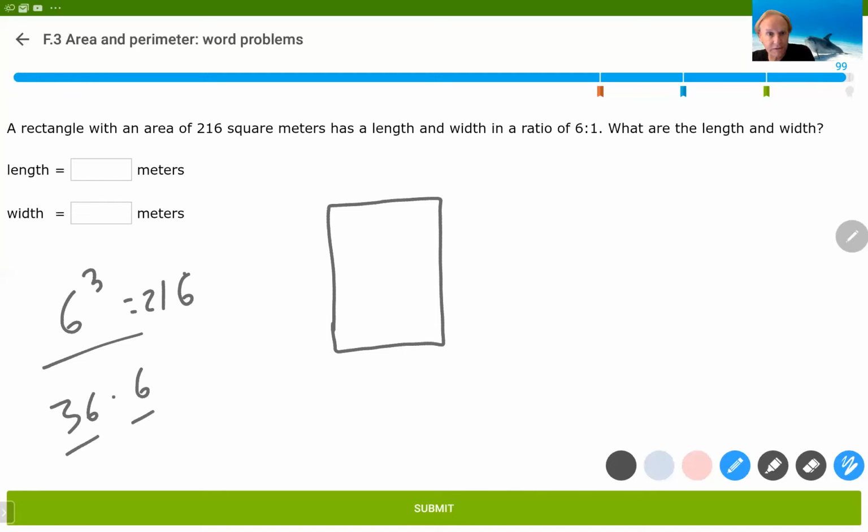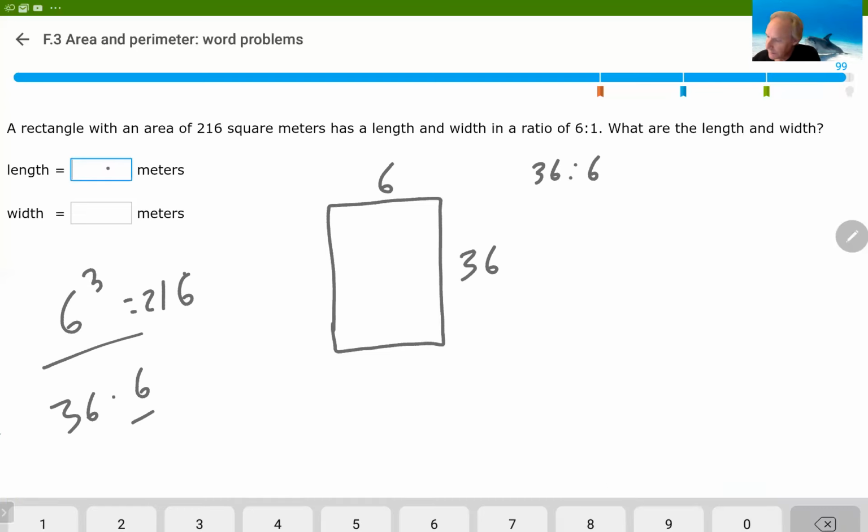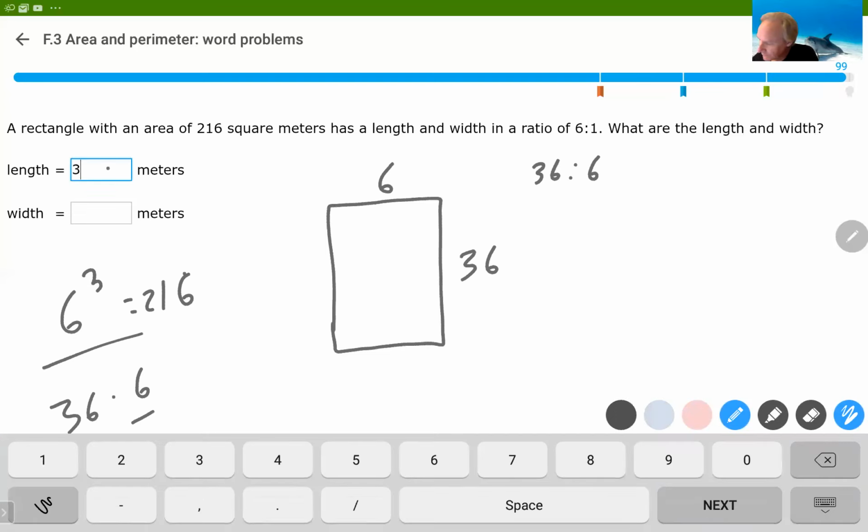And we want it 6 to 1. 36 to 6 is 6 to 1. And that does work. So my length is 36 and my width is 6.